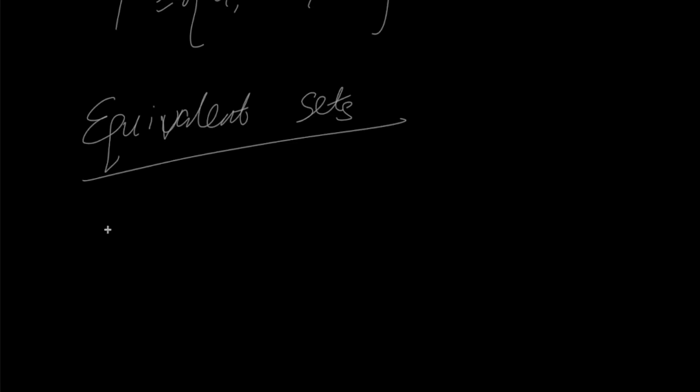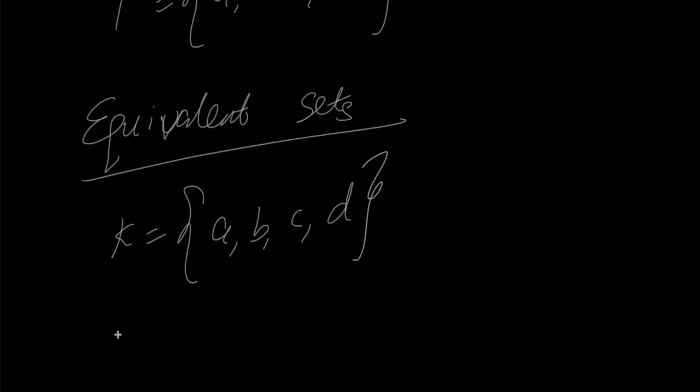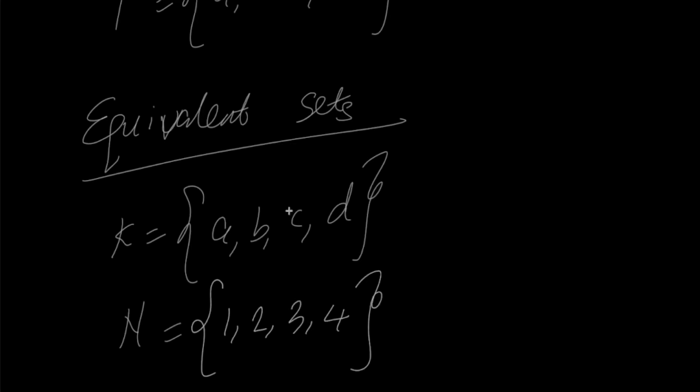What about equivalent set? If I have, for instance, K is equal to A, B, C, D, and I also have N is equal to 1, 2, 3, 4. Although they don't have the same elements, they have equal numbers of elements. How many elements are here? 1, 2, 3, 4. How many are here? 1, 2, 3, 4.